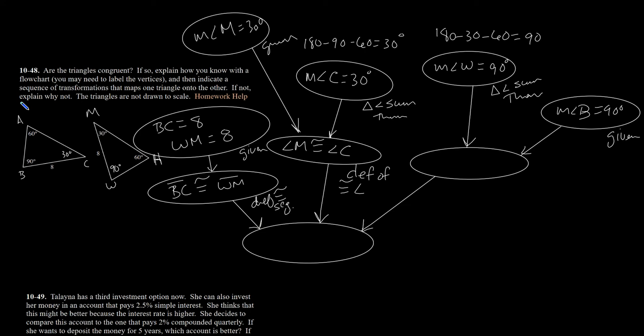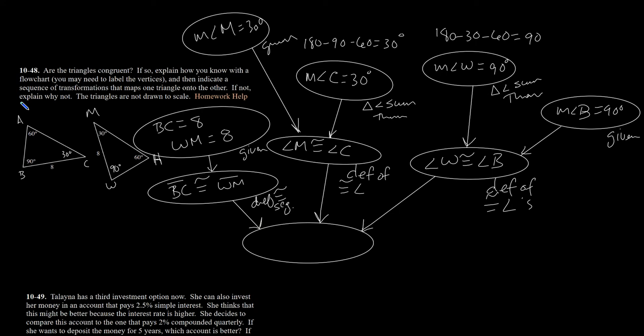And then for the other angles, I want to say that angle W is congruent to angle B, and that is also the definition of congruent angles, right? They are congruent to each other because they have the same number of degrees.